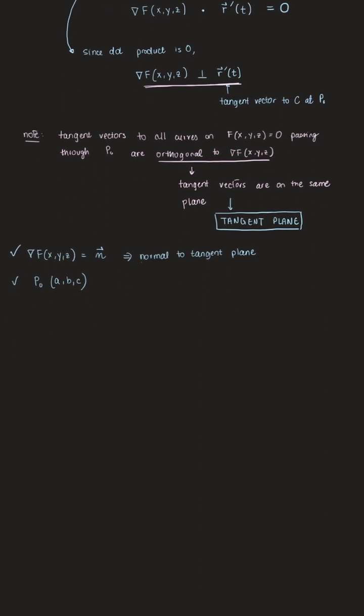We have our normal, we have a point. So the equation of the tangent plane to the surface at P naught will be as follows. Recall that the gradient has coordinates partial derivative of f with respect to x, partial of f with respect to y, and partial of f with respect to z.